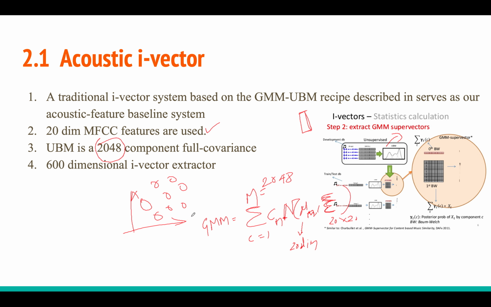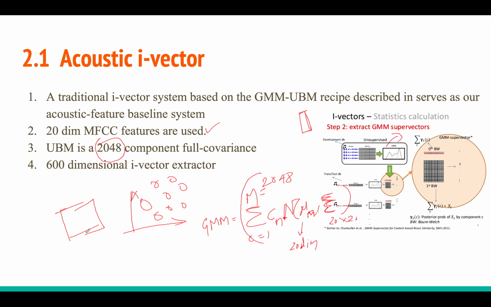So this GMM is basically a probability distribution. As I said, M is the number of components, the number of Gaussians you are using, which is 2048, and the matrix you are using is a full covariance matrix. Usually people use only the diagonal covariance.